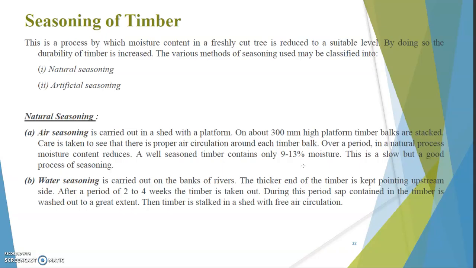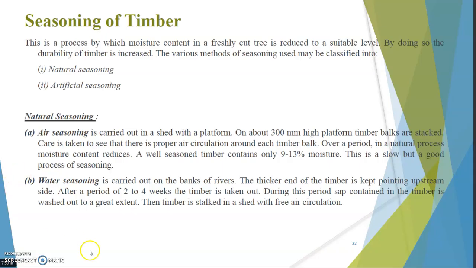In certain places you may find 5 to 6 percent. That is the limit; some 5 to 10 or 5 to 15 you can fix. You have to reduce the moisture content to that level, and then only can it be called well seasoned timber. So this is a slow but good process of seasoning. Yes, airflow is a natural one, but it still takes a lot of time. That is the issue here.